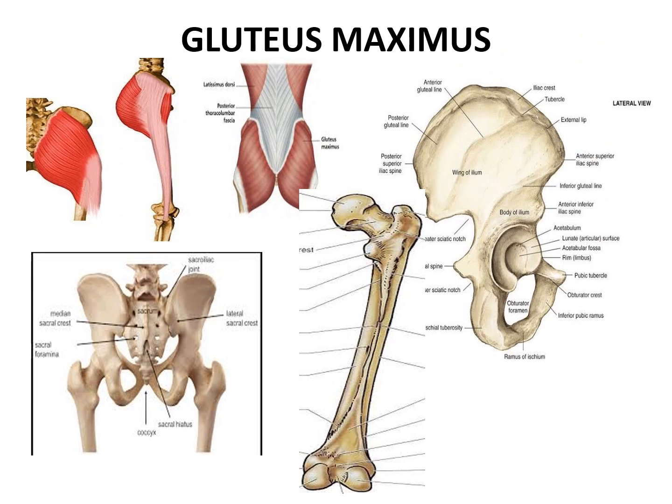The attachment of gluteus maximus on the ilium bone will be behind the posterior gluteal line. So this is the posterior gluteal line, and above it is limited by the dorsal segment of the iliac crest. So this is the attachment of the gluteus maximus muscle on the ilium of the hip bone.